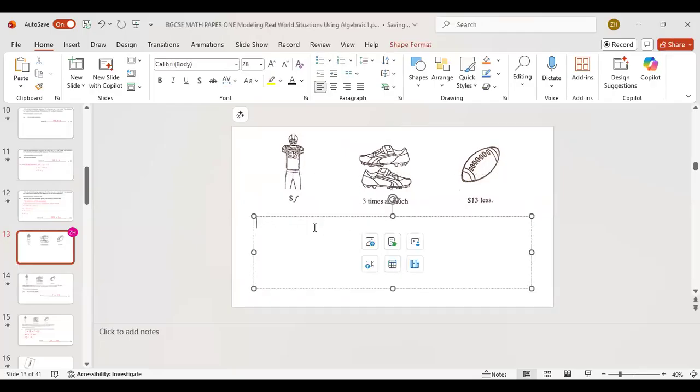It says that Wesley bought football equipment for the summer games.